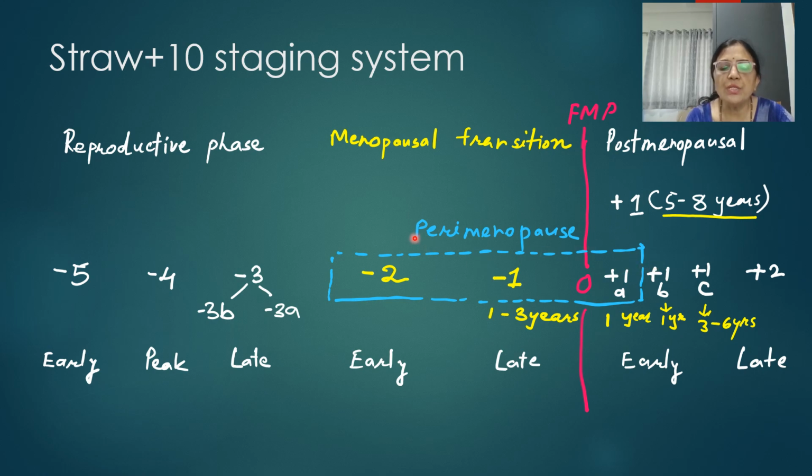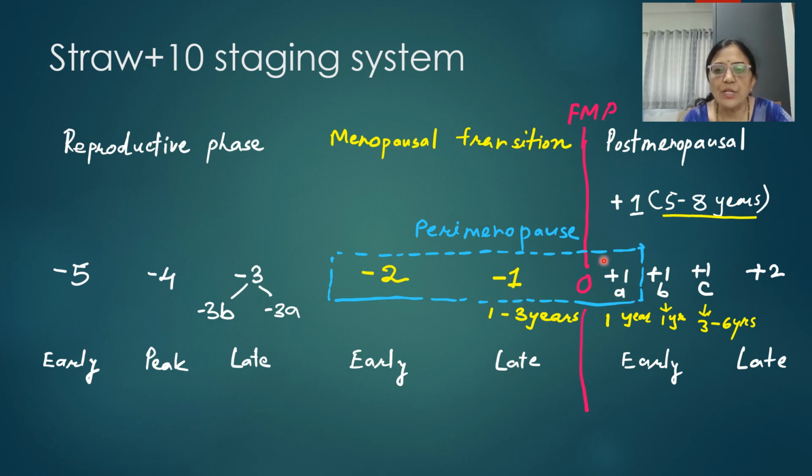Now, perimenopause is a commonly used terminology, and according to this reproductive aging system classification or STRAW plus 10 staging system, perimenopause includes menopausal transition and the first year after the final menstrual period. So it includes -2, -1, and +1A.